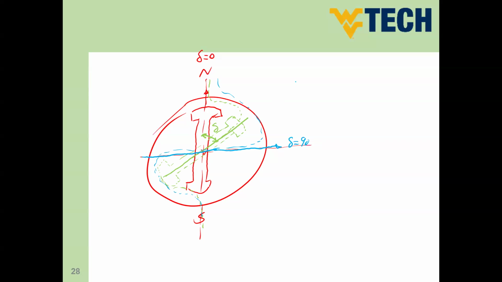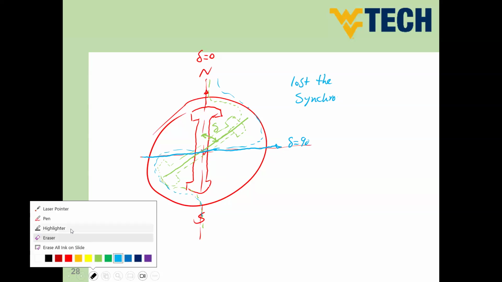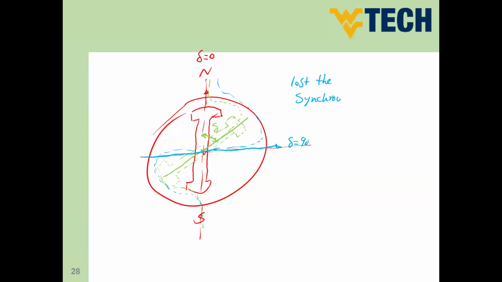In this case, we say the machine lost synchronism. Let me correct that. The machine loses synchronism if delta is greater than 90 degrees.